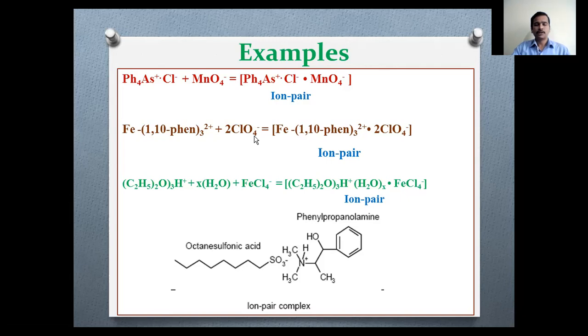When you treat this solution containing perchlorate anion with ferroin, the 1:3 complex of iron 2 and 1,10-phenanthroline, the 2+ charge will be neutralized by the 1- charge from each of two perchlorate anions involved in the reaction. As a result, the ferroin perchlorate, the iron 1,10-phenanthroline perchlorate ion association complex, will be obtained.